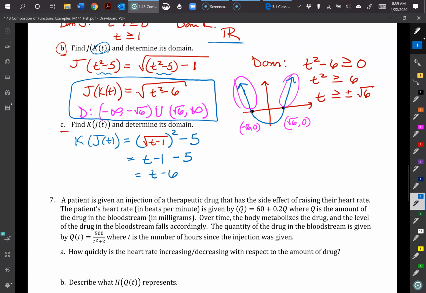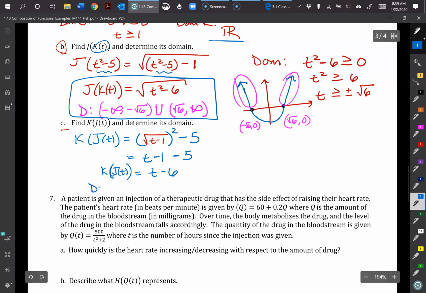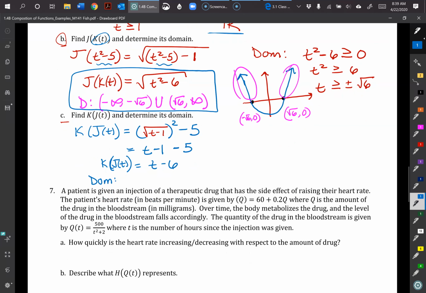We need to check the domain. So this is our composition. Our inner function, j of t, the restriction was that it had to be greater than or equal to 1.